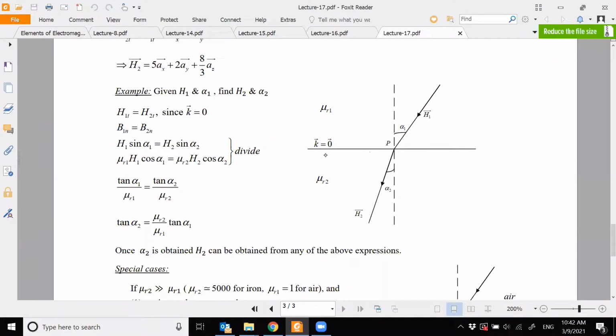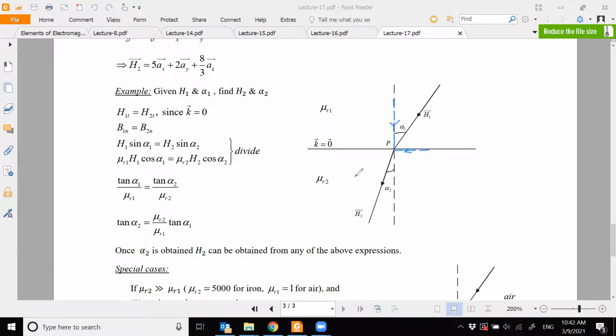So we follow the same thing as we did in electrostatics, and it is completely based on trigonometry. If this is my H1, then I can find my normal component and I can find my tangential component.